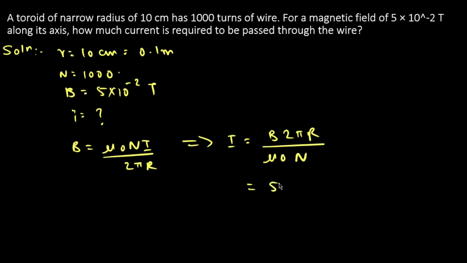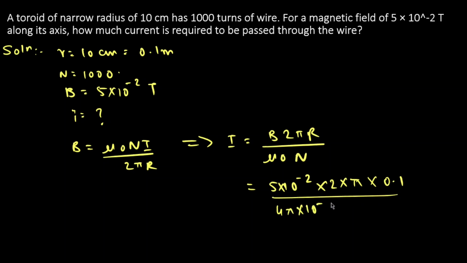Magnetic field is 5 into 10 raised to minus 2 into 2 into 3.14, let's keep this pi like that only, and radius is 0.1 meter divided by mu naught, which is 4 pi into 10 raised to minus 7 into number of turns, that is 1000. So this pi will get cancelled, this 2 will get cancelled, and further solving this we will get current to be 25 ampere. So let's look at the next one.